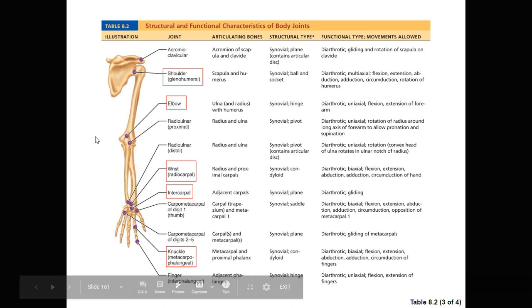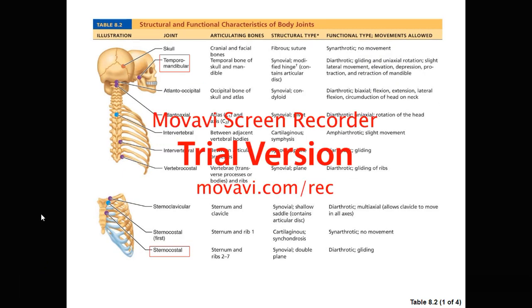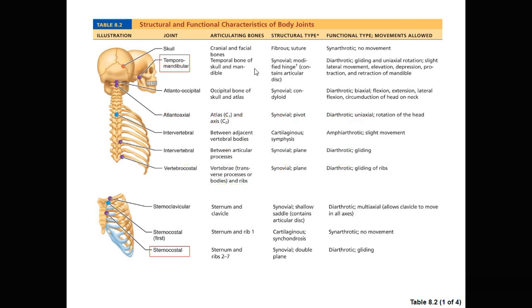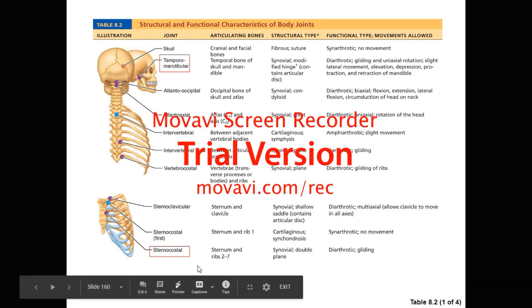Like in the previous slide, they had the temporomandibular joint. We didn't talk about that, but this table still summarizes it for you. You should still know the articulating bones, the structural type, and the functional type.